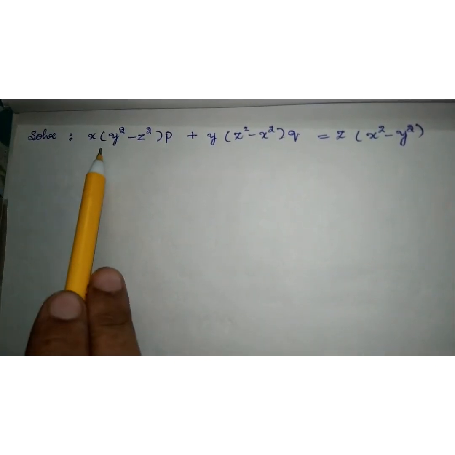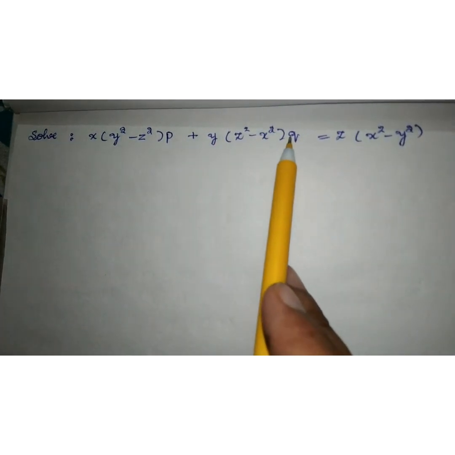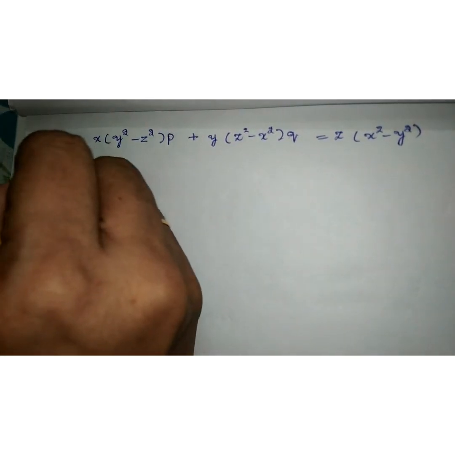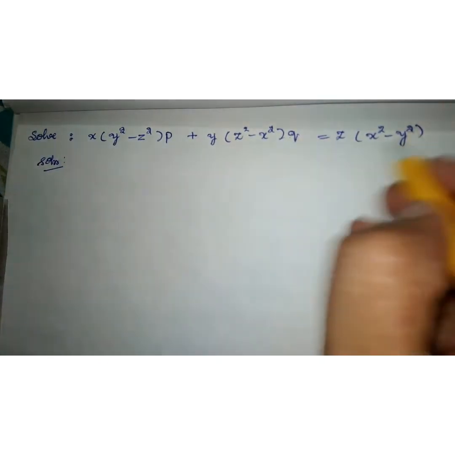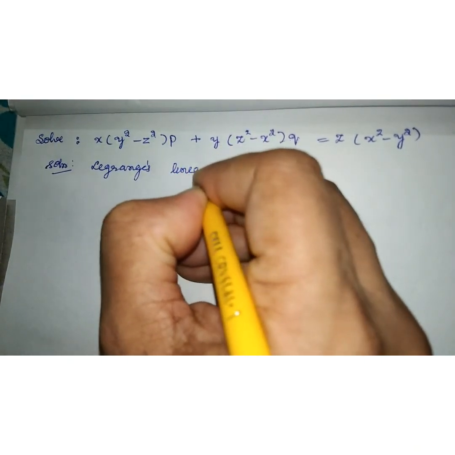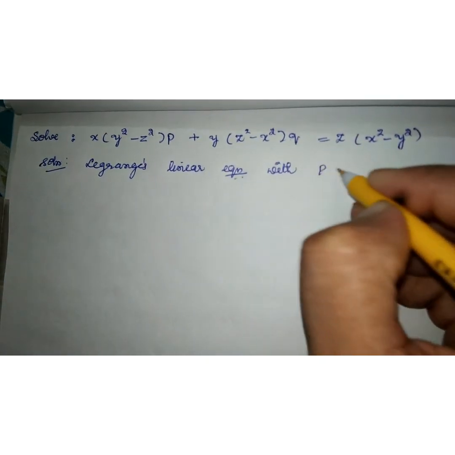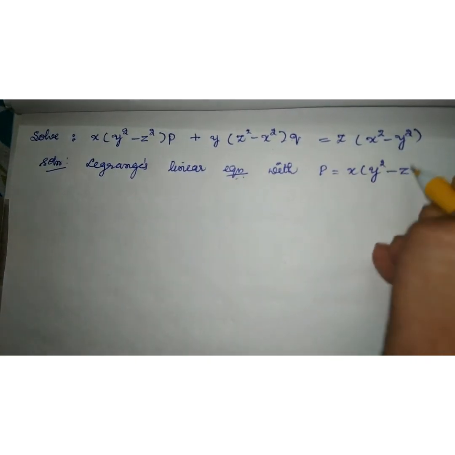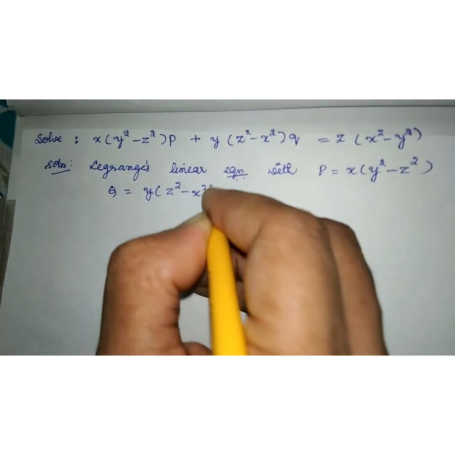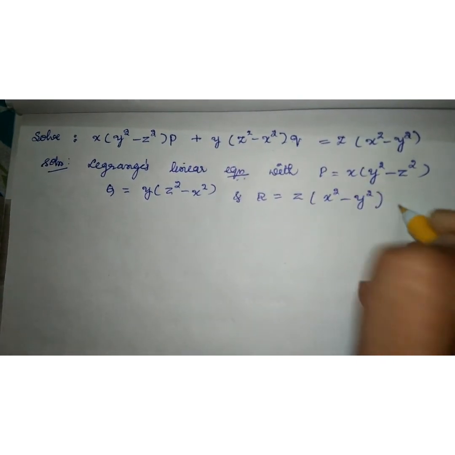We have to solve x into y square minus z square into p plus y into z square minus x square into q equal to z into x square minus y square. So let us solve the problem. Clearly the equation is Lagrange's linear equation with p as x into y square minus z square, q as y into z square minus x square, and r as z into x square minus y square.